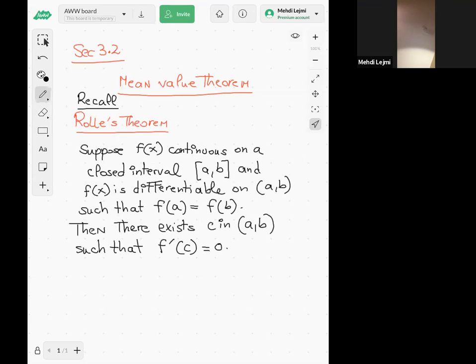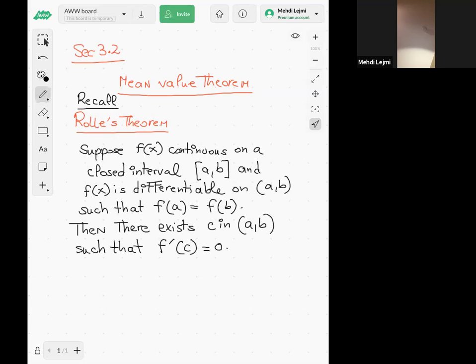So we said the idea is that you have this function which is continuous on this interval [a, b] and differentiable on (a, b), and f of x would have either a global maximum or a global minimum on this interval. And if you have a global maximum or a global minimum, let's say at c, then f prime of c is equal to 0.